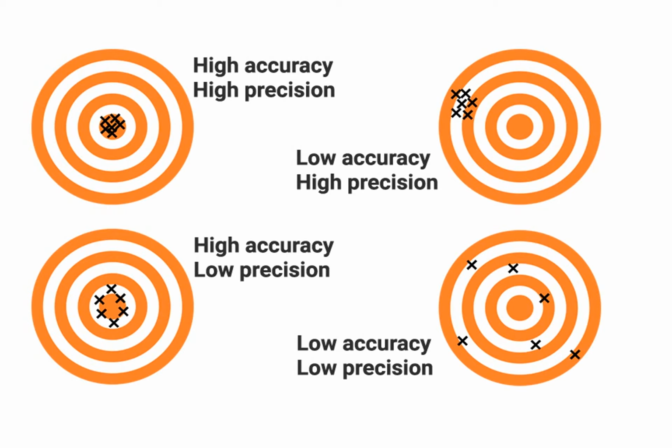Then the right hand side top image. Let's say there are 6 values, and the 6 values have fallen very near to each other, but quite far from the target. So it indicates it is not accurate. The value you are supposed to achieve is the center point, but the values fall far away from the target.